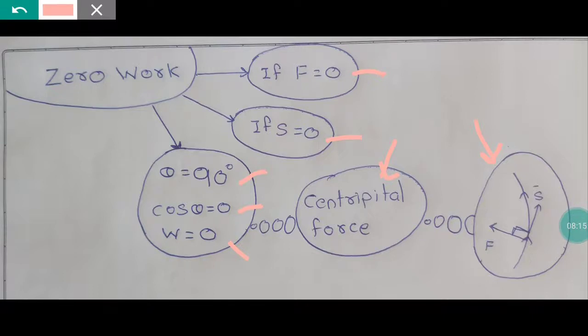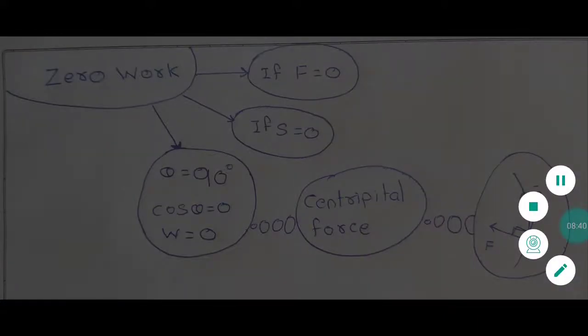Therefore, the work done here also will be equal to 0. Clear? It means that centripetal force does not do any work. Actually, centripetal force is necessary to keep the body in circular motion. What is the work done by that centripetal force? The work done by that centripetal force always remains 0. Quite somewhat difficult to digest, but it is actually true.